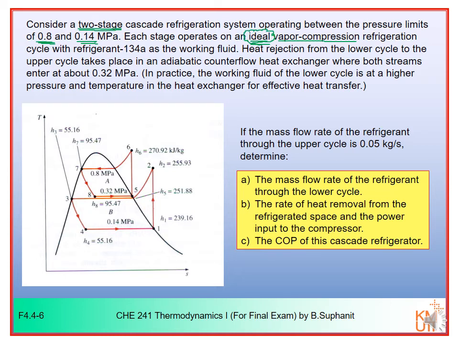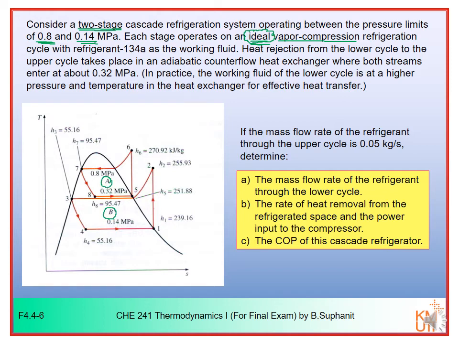So you have seen the keyword here, ideal. It means that the compressor inlet would be saturated vapor, condenser outlet would be saturated liquid, and all processes would be isentropic, isobaric, isenthalpic in the valve, and isobaric in the evaporator. So you can just draw cycle A and cycle B here like this.